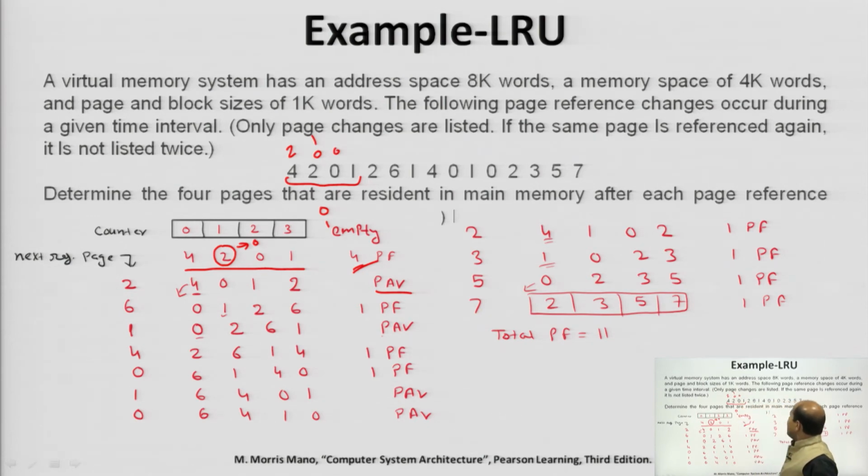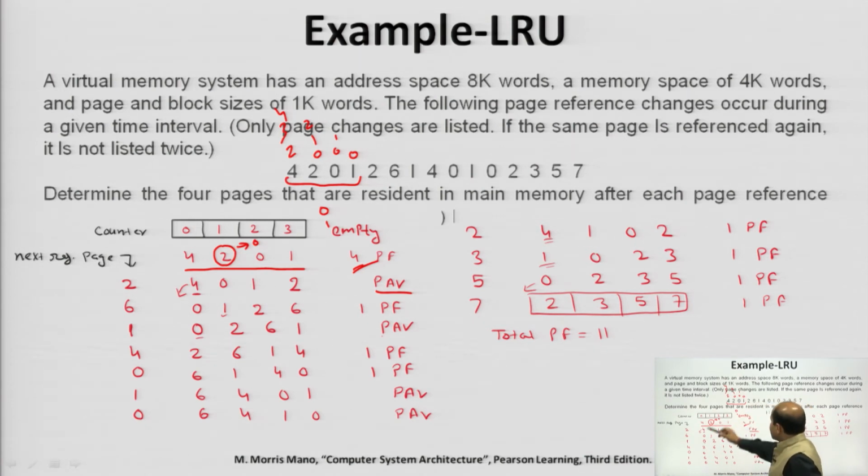And when page number 1 is referenced, its counter value will be 0, and page 0 will have counter value 1, page 2 will have 2, and page 4 will have 3. Oh, sorry, this is 4 in this case. So each page has its own counter value, and they are incremented by 1 after some interval of time, and whenever a particular page is referenced, the counter value of that page is set to 0.